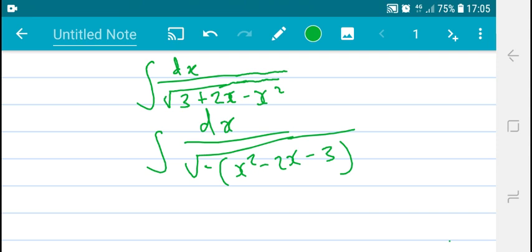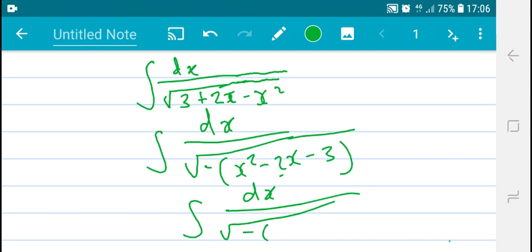And now, if we have square root signs, it's a good idea to try to complete the square, see where that goes. So if I try to complete the square here, I have to divide this by 2, just to demonstrate.